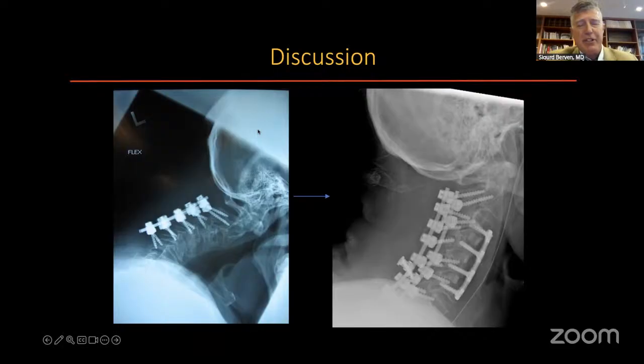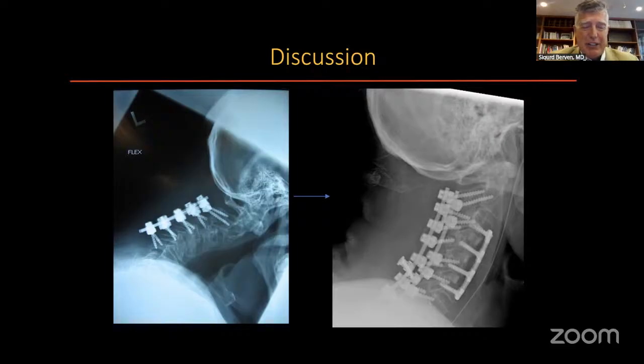Alekos, this topic really started in a debate in our Hawaii course where one of our speakers suggested that the ideal person for a laminoplasty has a high T1 slope. Another of our speakers said I would tend towards fusing a patient with a high T1 slope. And that alone, I think, remains relatively unresolved. I think one of the real take-home messages here is, number one, high T1 slope, look for thoracolumbar deformity.